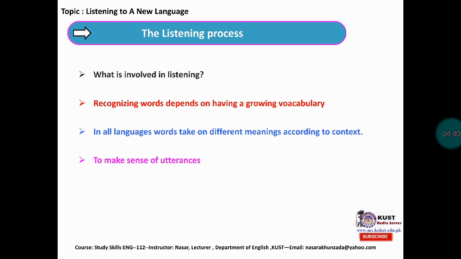When it comes to making sense of utterances, it is tempting to try and take the sentence apart and think about all the bits. In reality, there usually isn't time for this unless you are pre-recording and replaying a tape.